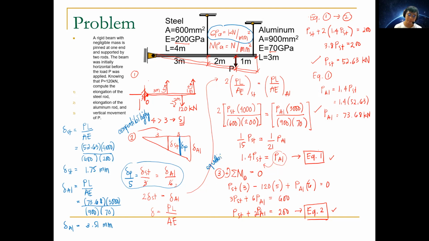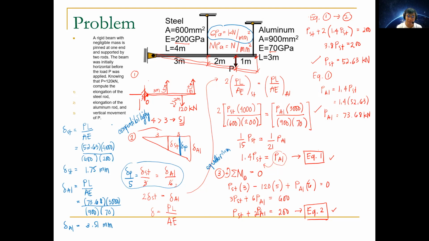Then after solving for the forces, you use basic concepts of simple stress and simple strain in order to solve the asked items in the problem.